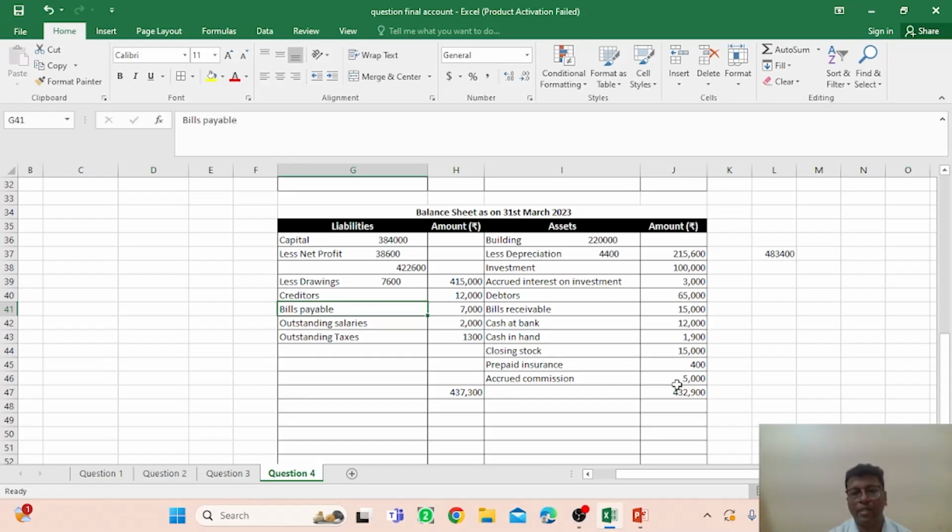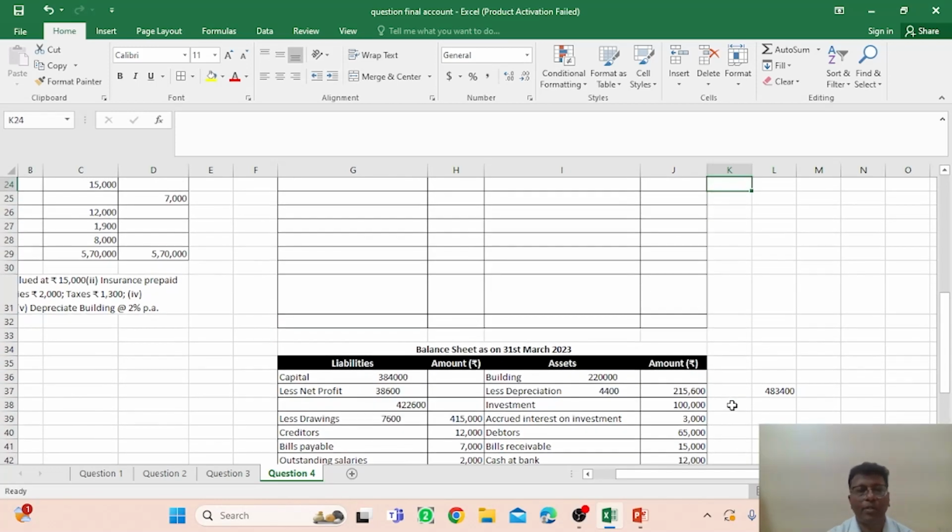So you find what the difference is. The difference is 4,37,300 minus 4,32,900. So there is a case of 4,400. So there is an error, right? 4,400.